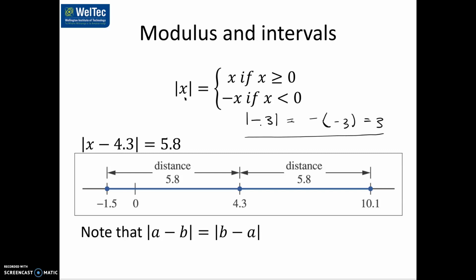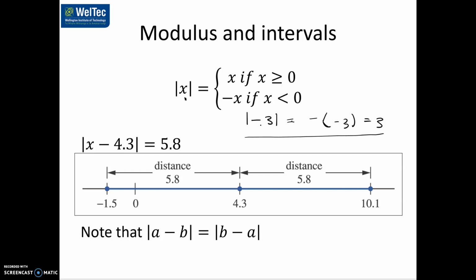Now, the absolute value of x minus 4.3 is 5.8. What that means is that the distance between the real number x and 4.3 is 5.8. So we're going to start with a number, 4.3, and the distance from there in either direction is 5.8.